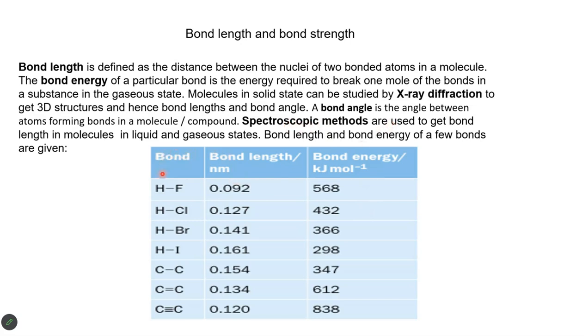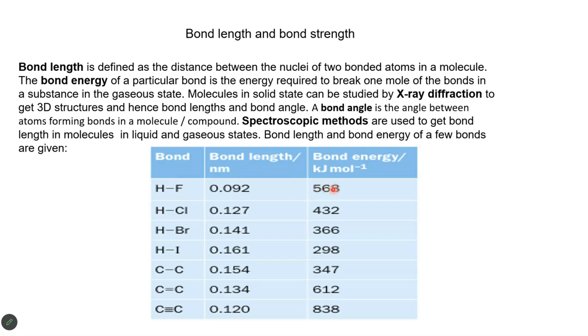I have shown here a series of compounds having halides. You see, the bond length between hydrogen and fluoride is 0.092 nanometer. You can see bond length here is 0.127 nanometer. And here you can see bond energy. The smaller the bond length, the higher is the bond energy.